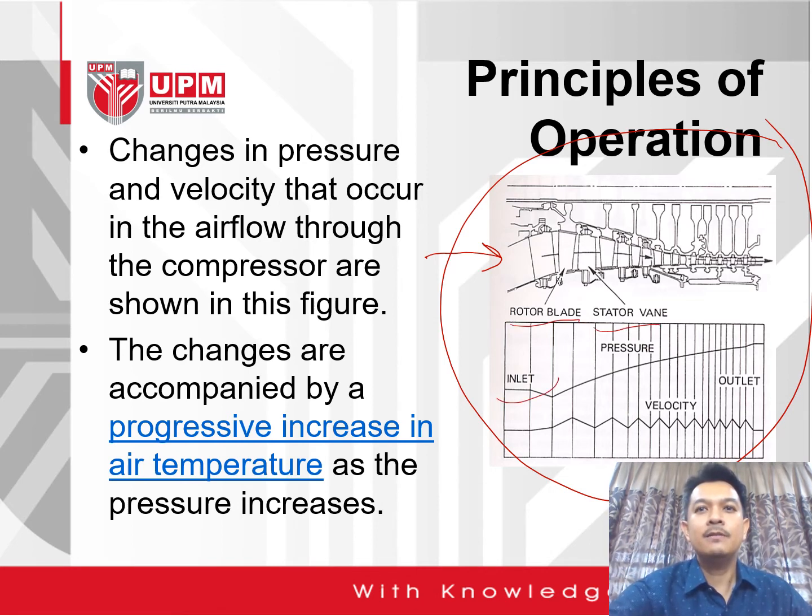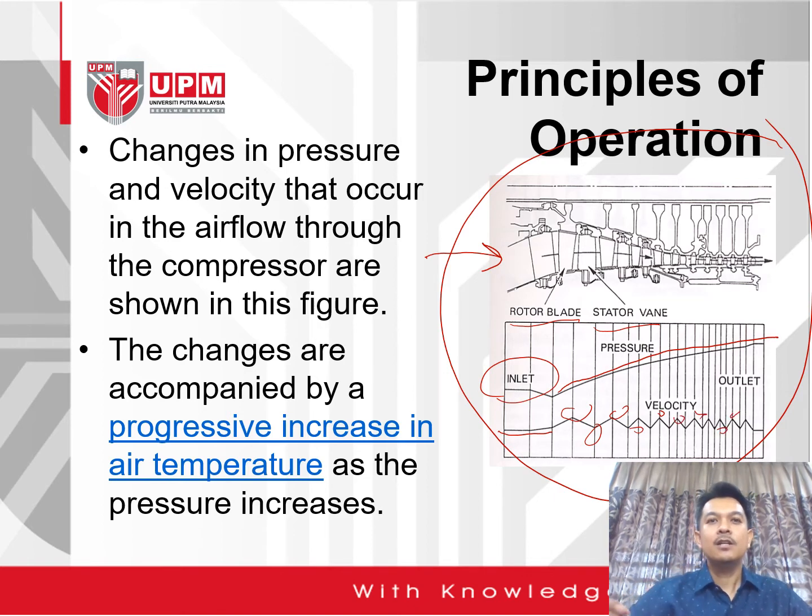From the inlet, where the air is at ambient pressure, depending on the location or altitude of the engine being operated, the pressure will then build up, whereas the velocity will increase as well as decrease along the rotor and stator vanes. The changes are accompanied by a progressive increase in air temperature.